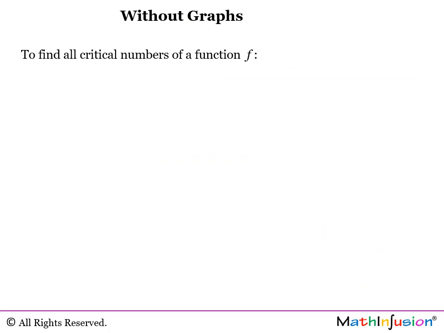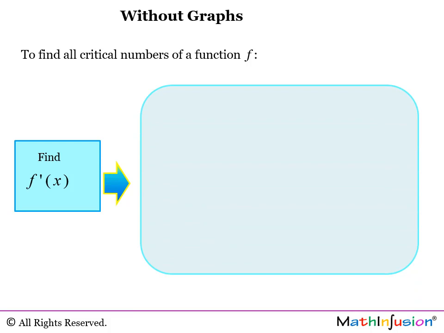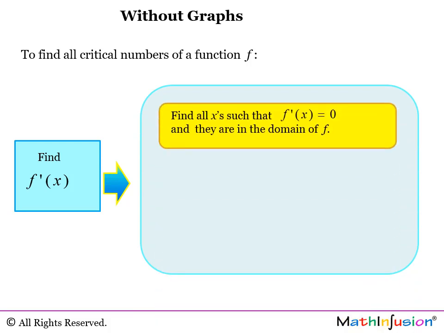Let's try now to find all critical numbers of function f without the graph. First, we need to differentiate the function. Then we need to observe a few things. First of all, we should find all the numbers such that f'(x), the derivative of the function, equals 0, and they are in the domain of f.